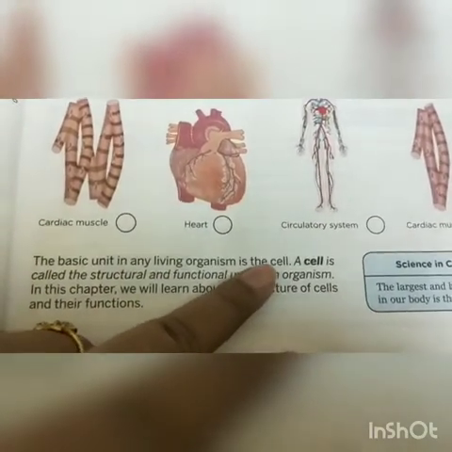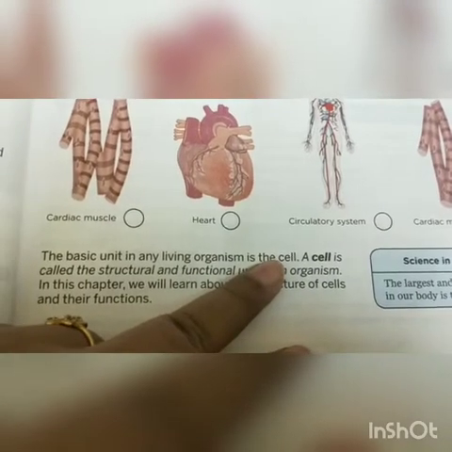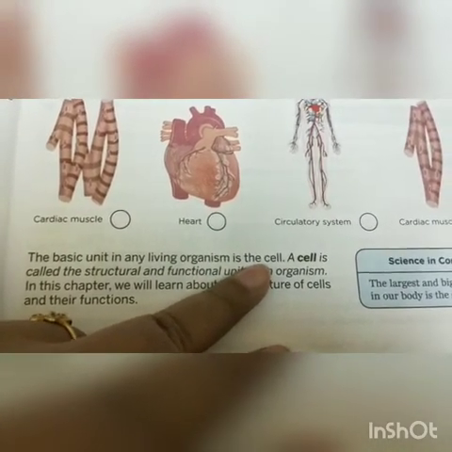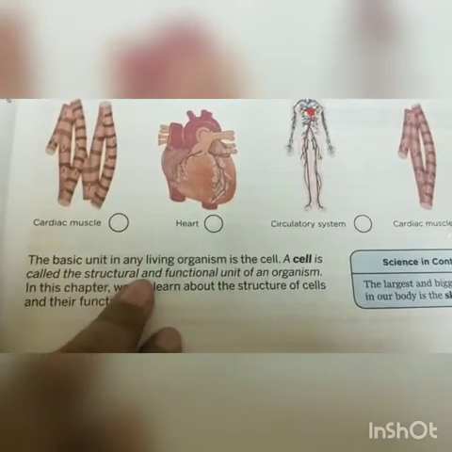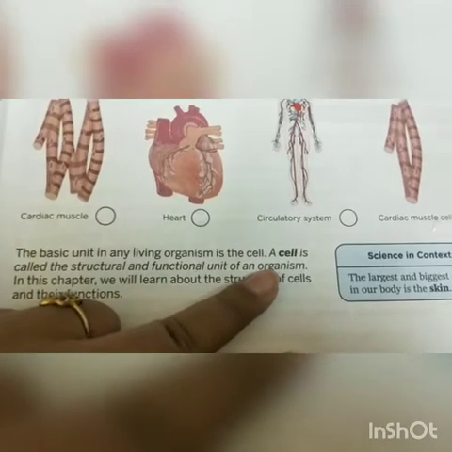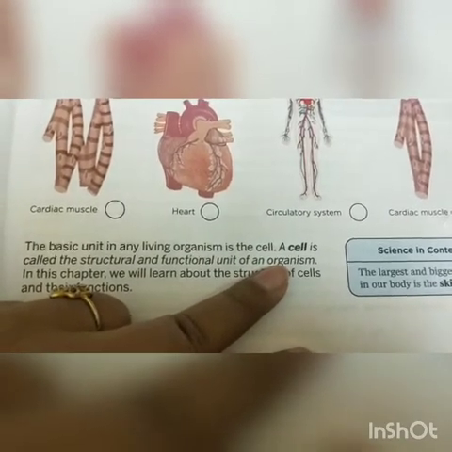The basic unit in any living organism is the cell. So already I told you the basic unit of life in all organisms is a cell. A cell is called a structural and functional unit of an organism. Why is it called the structural and functional unit of an organism?